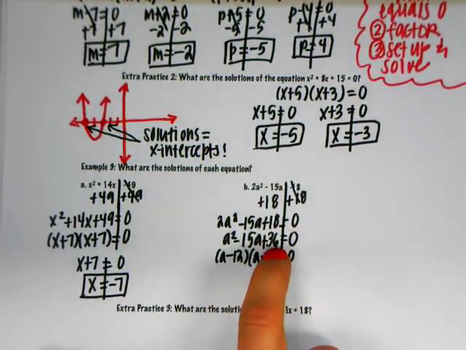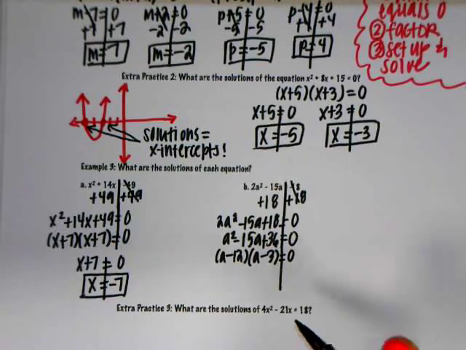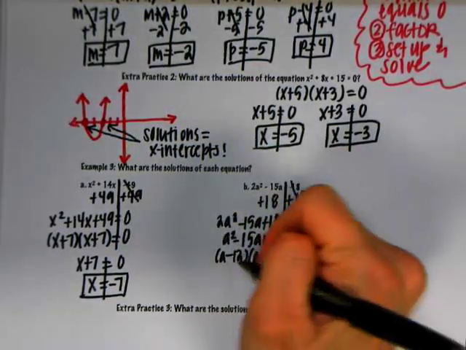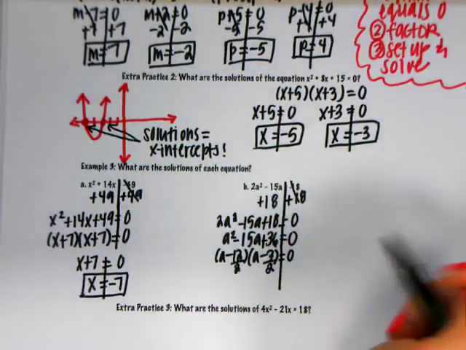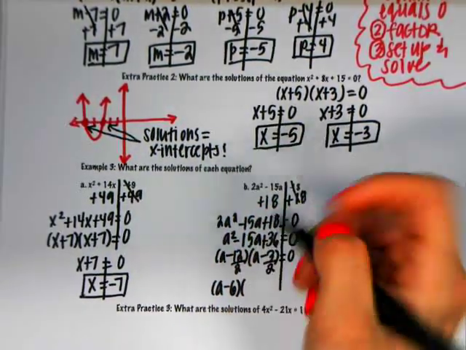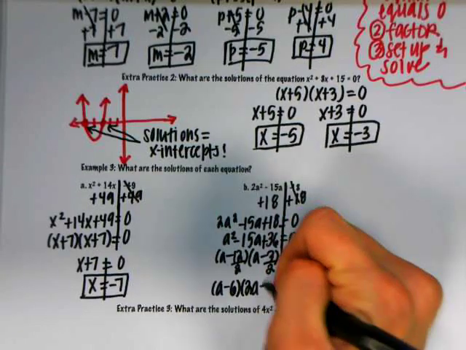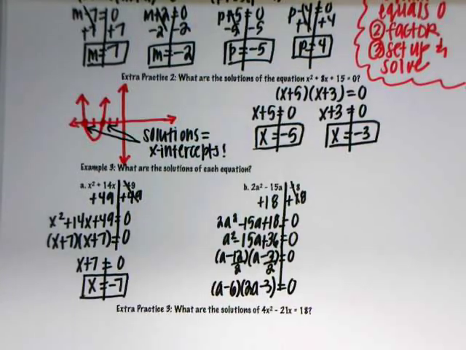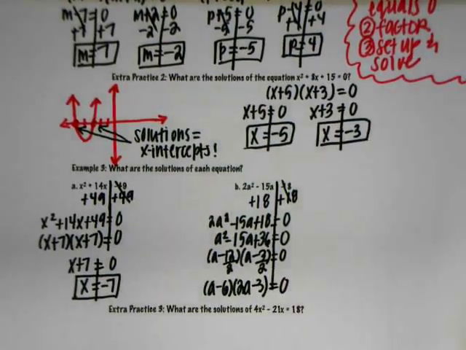Yeah, to make a positive when you multiply. Yep, divide by the 2. So that's going to be a minus 6, 2a minus 3 equals 0. And then from there, set up your two and solve.